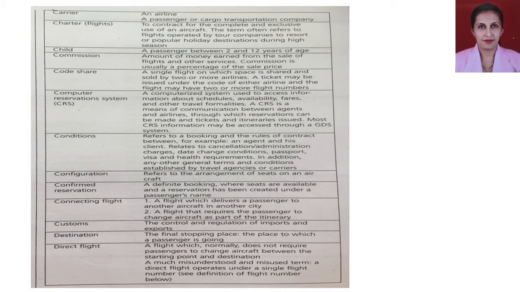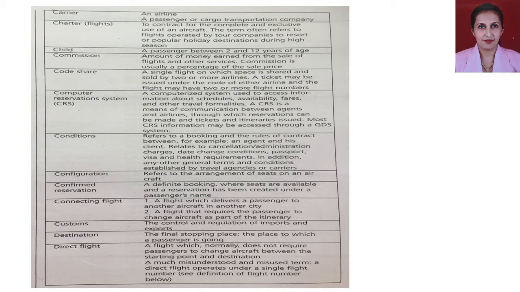The next term is confirmed reservation. It means a definite booking where seats are available and a reservation has been created under a passenger's name. You don't get to see that in today's time, but in earlier times when there were paper tickets, like a coupon ticket, this concept was there.